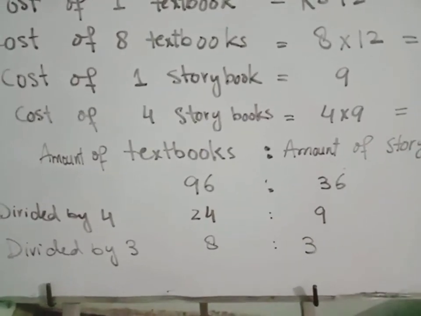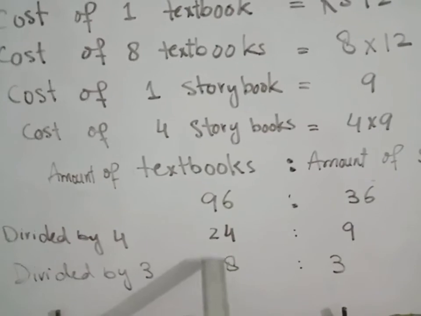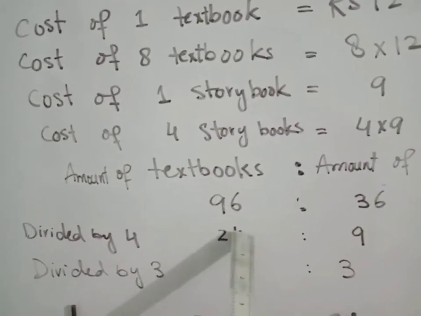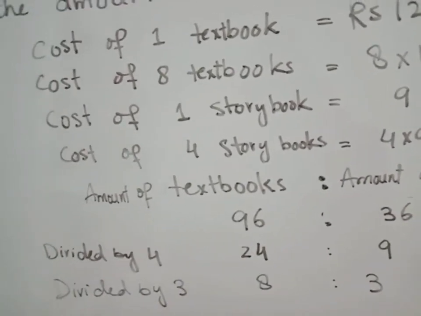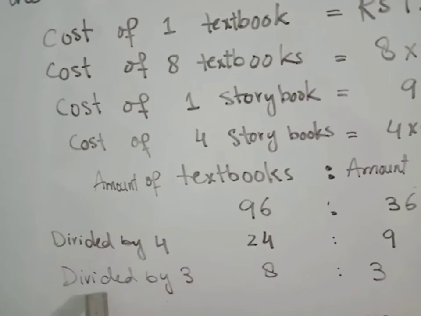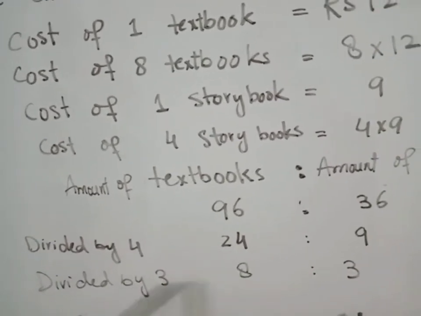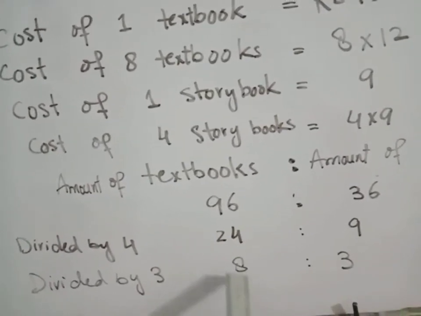Now you will divide further because there is a common table, 3. 24 is divided by 3 and 9 is also divided by 3. We will write here divided by 3. 3 8s are 24 and 3 3s are 9. Now this ratio will become 8 ratio 3.